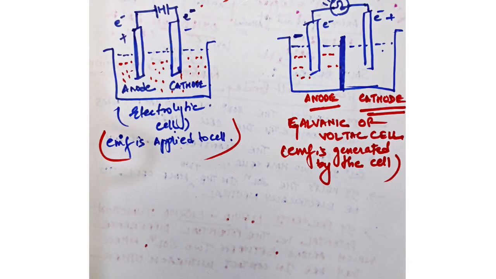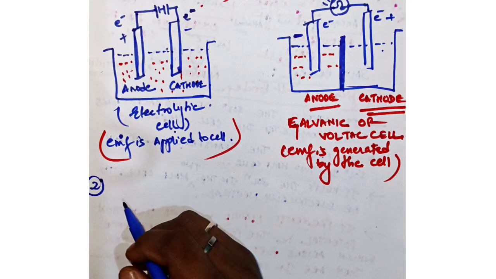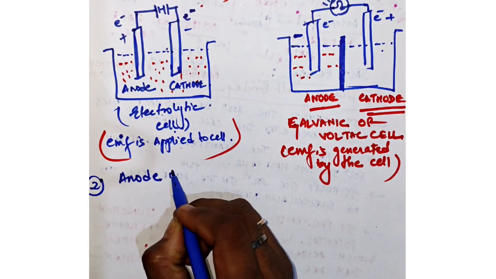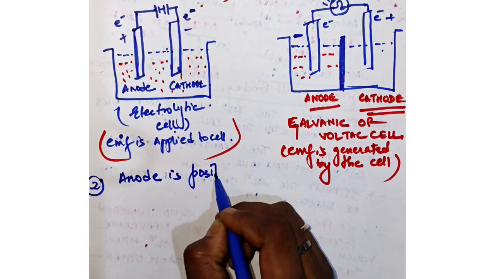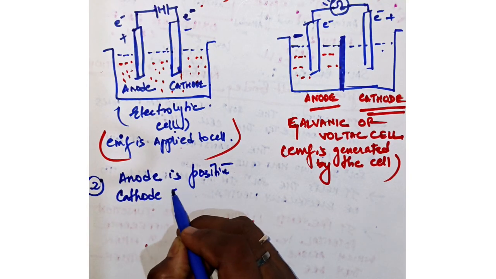The second difference is that in the electrolytic cell, the anode is positive while the cathode is negative. Here the anode is positive, whereas the cathode is negative.